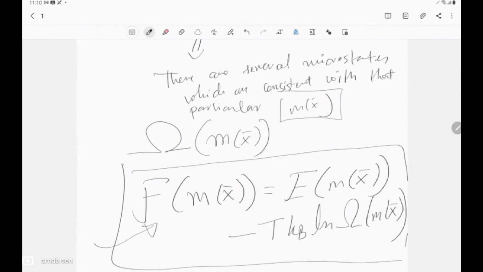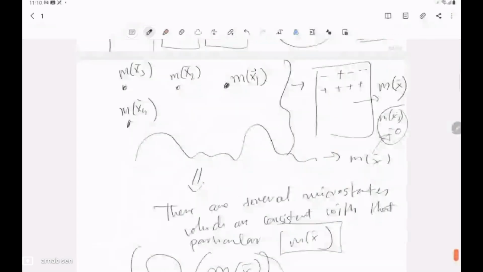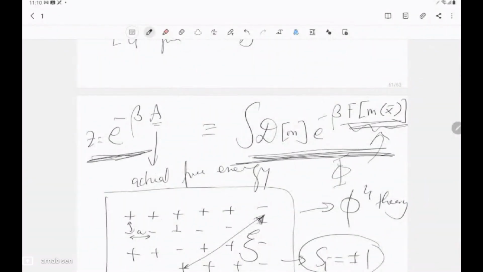Then if I sum over all possibilities of this m of x, I get the total free energy, because then I sum over all the microstates. That is exactly what I have written here. That is why the partition function is equal to this when you think in terms of the Landau free energy. So it's like a two-step process.